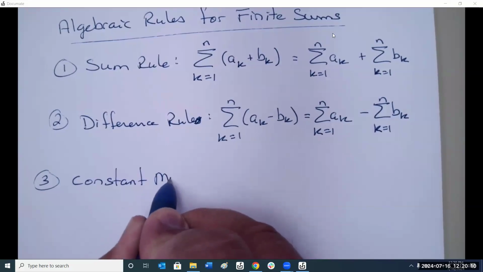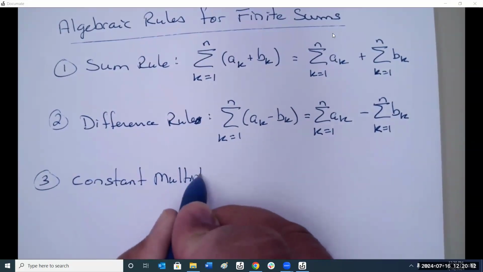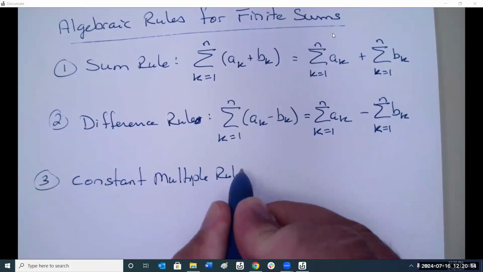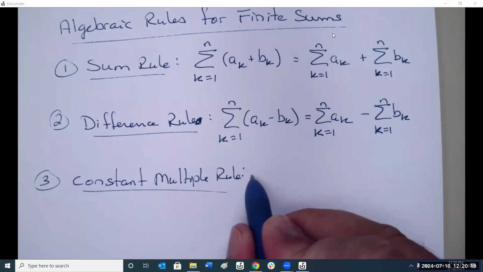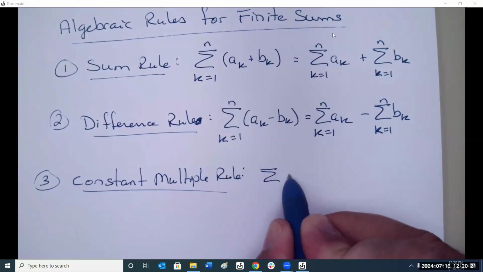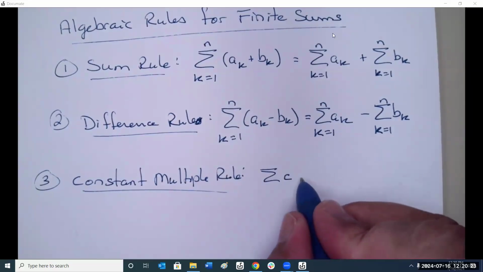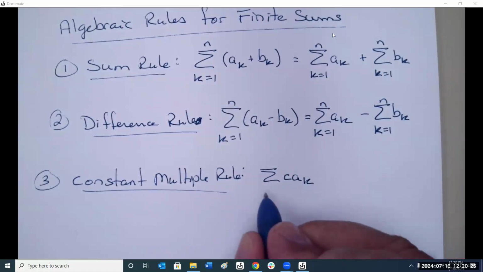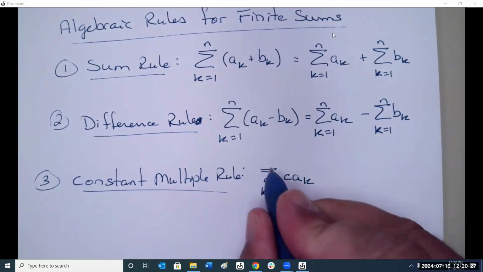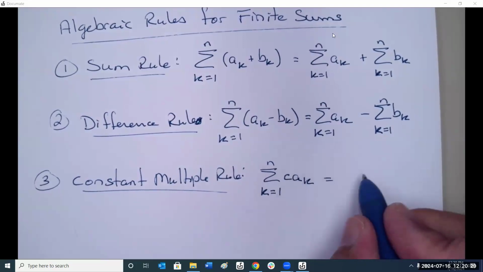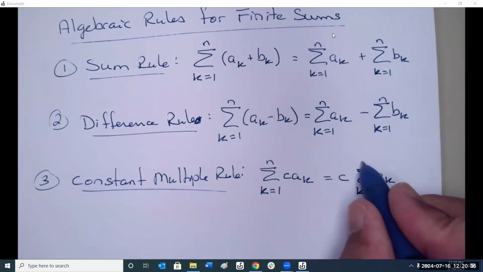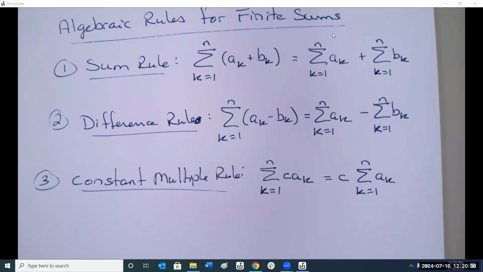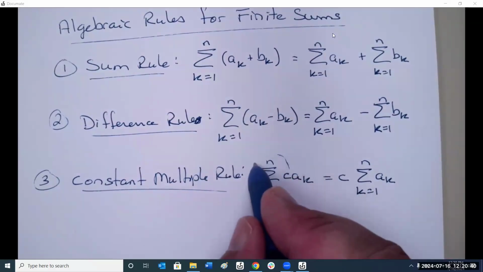The constant multiple rule says that if you have some constant in front of your number, that constant can come out in front. Then you could do the operation. So the constant simply goes out in front.